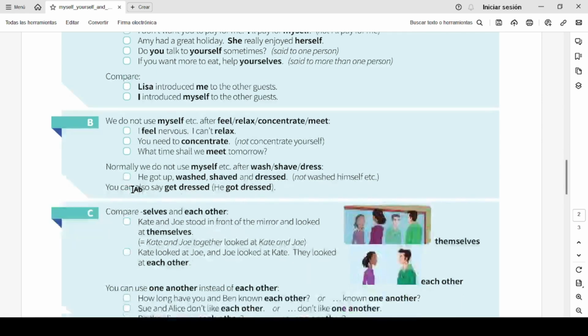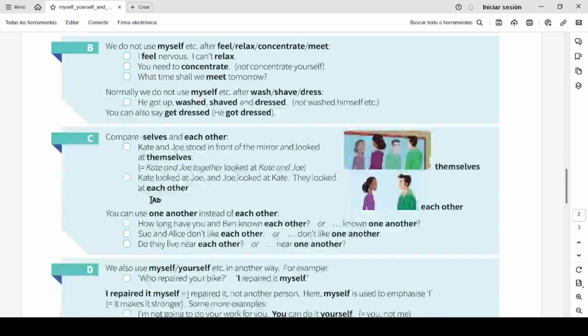Okay. Next, compare self and each other. That's interesting. For example, check out the picture. Kate and Joe stood in front of the mirror and looked at themselves, right? Kate and Joe stood in front of the mirror and looked at themselves.